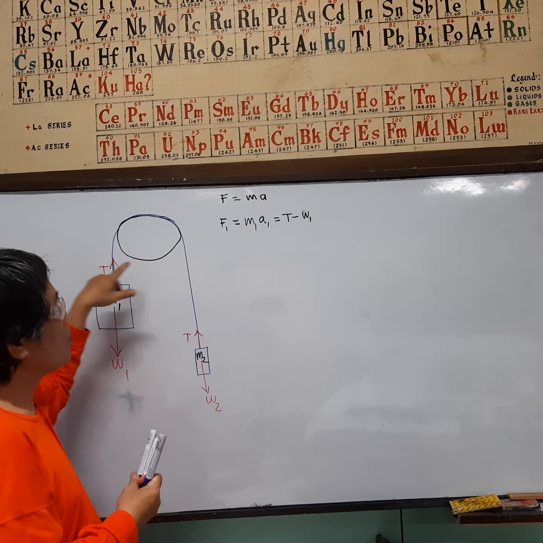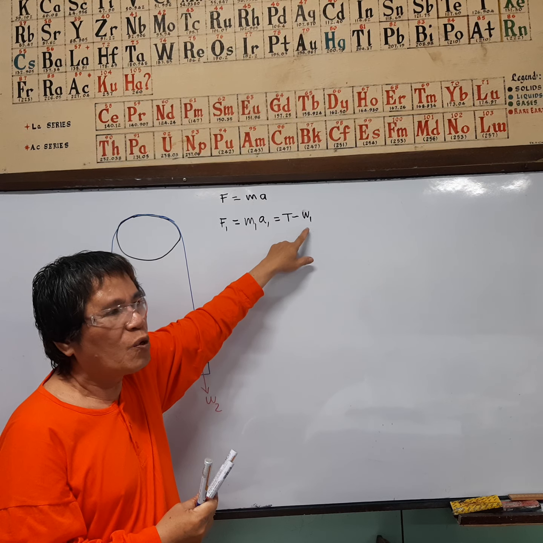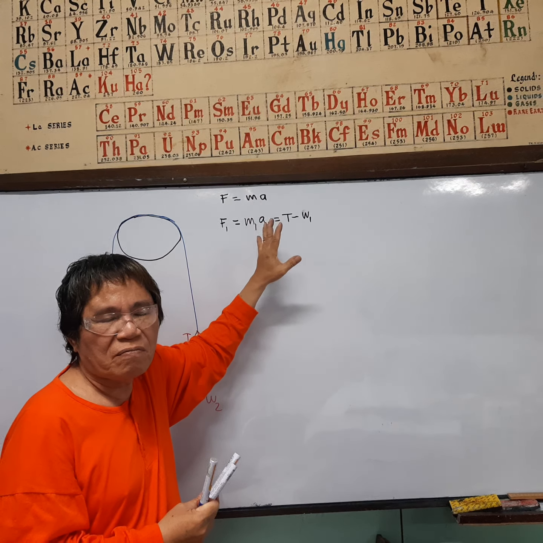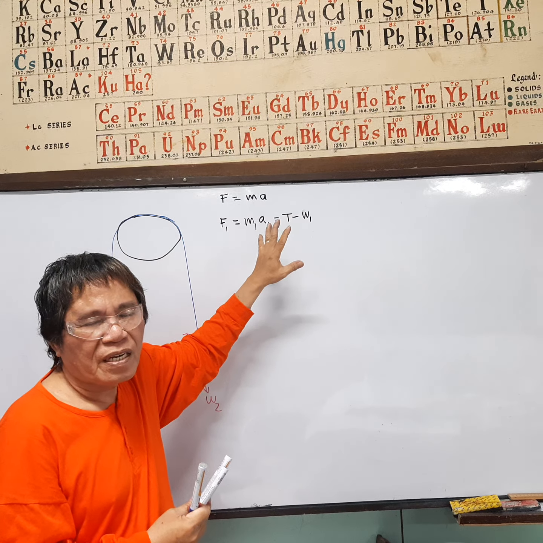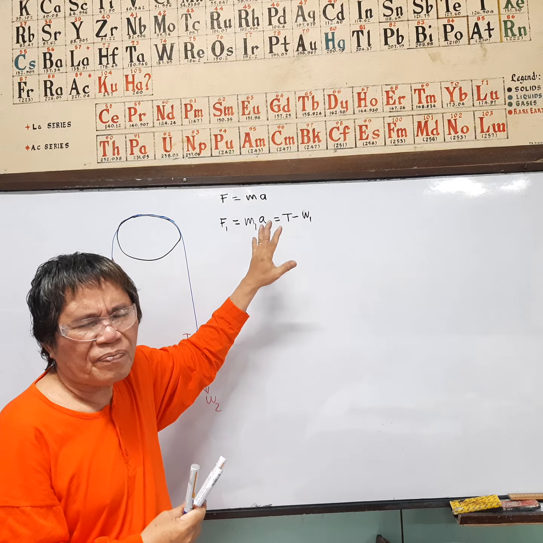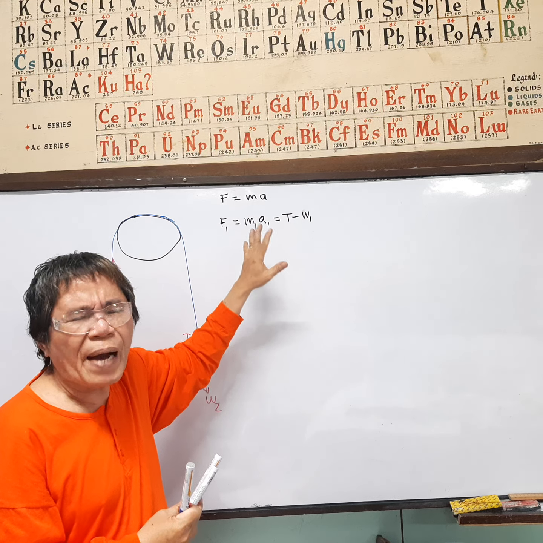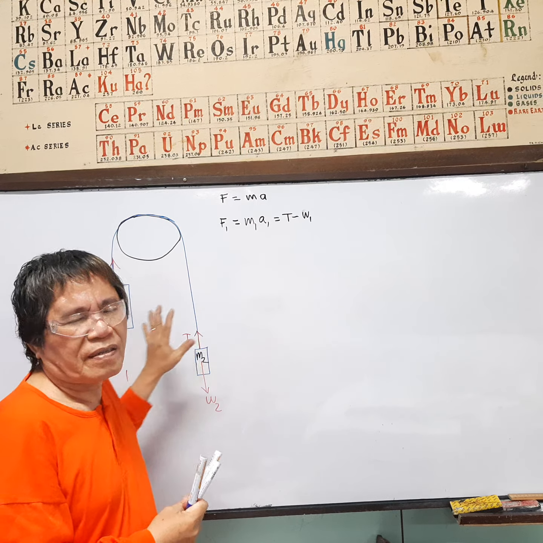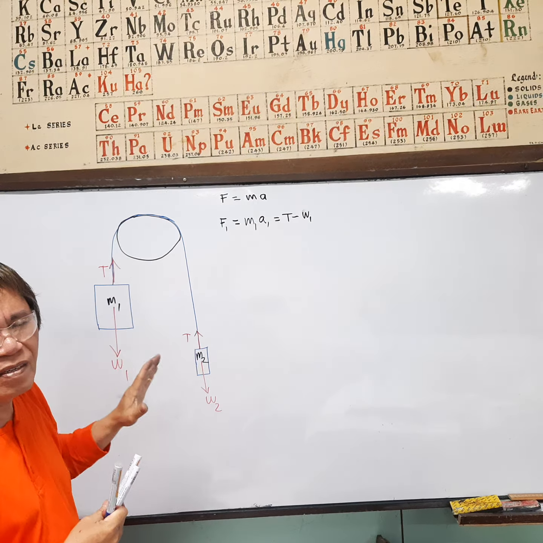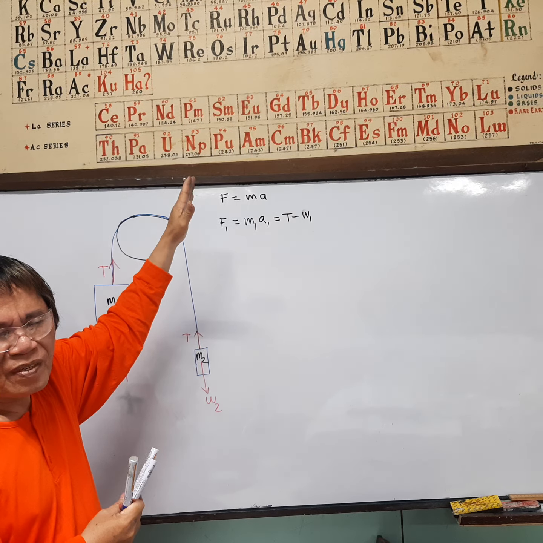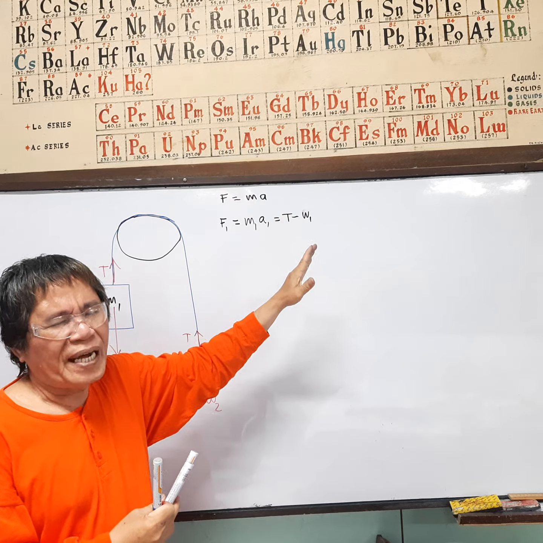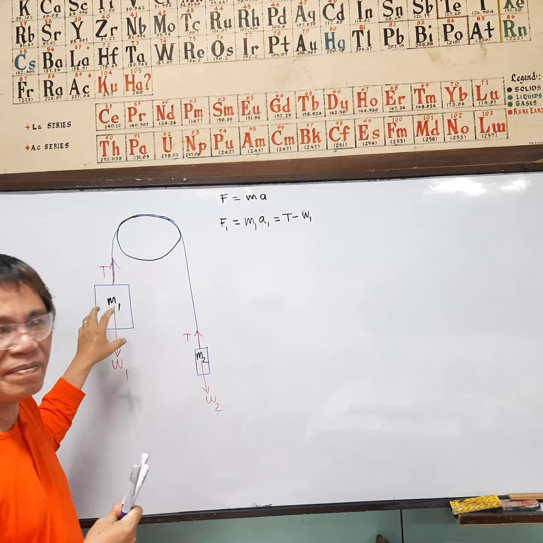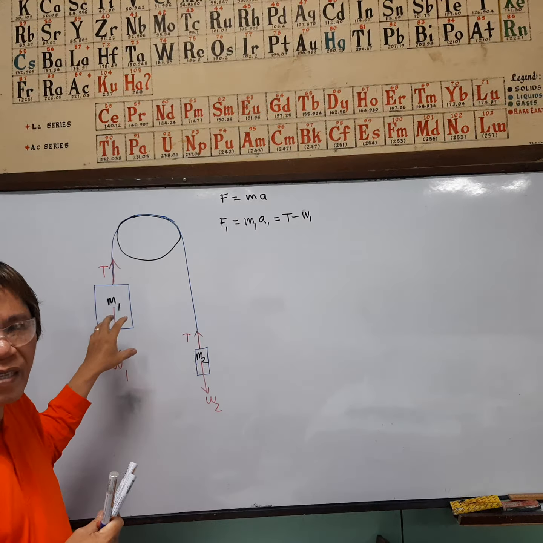Why not reverse, W1 minus tension 1? That we cannot do. Why? Because the tension is able to pull up the cage. So there is greater force by the tension against the weight W1.